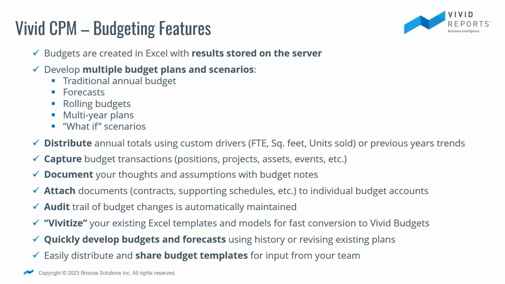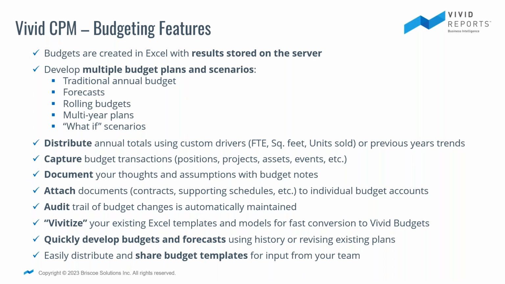So if you need to show your actuals, you want to capture a forecast for the last 3 months of the year and then an annual budget, Vivid can refresh all of your actuals automatically. And then you can prepare the forecast values and the budget values to be in a state where you can push those values back into the Vivid environment.